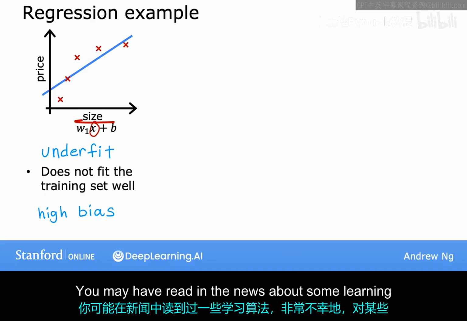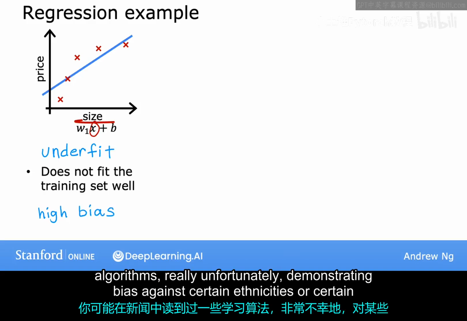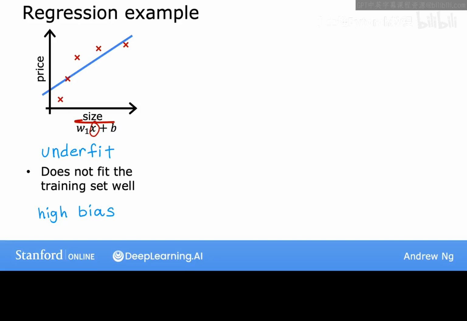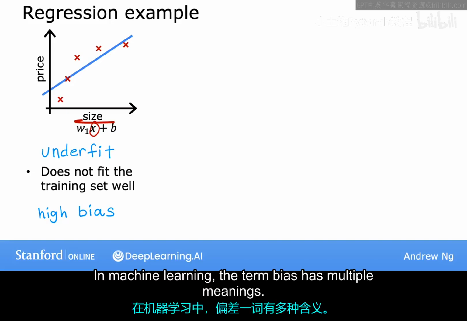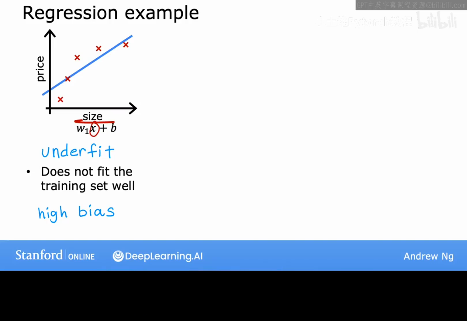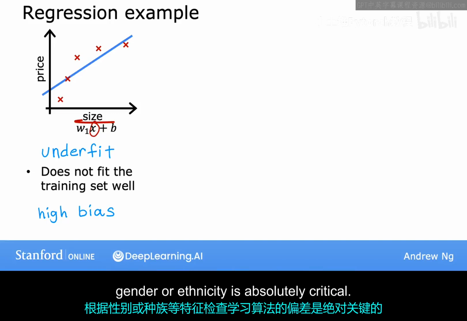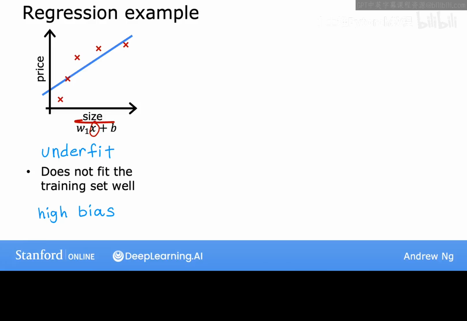You may have read in the news about some learning algorithms, really unfortunately, demonstrating bias against certain ethnicities or certain genders. In machine learning, the term bias has multiple meanings. Checking learning algorithms for bias based on characteristics such as gender or ethnicity is absolutely critical.